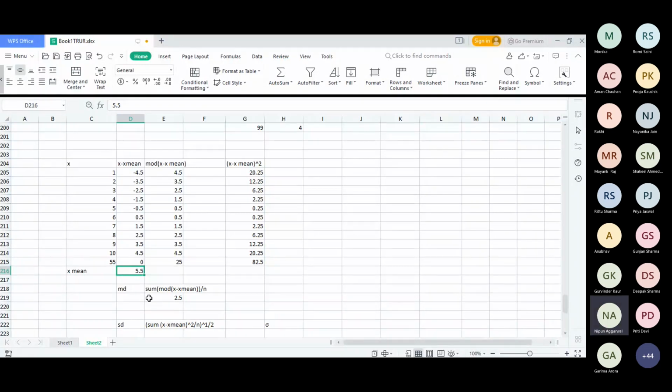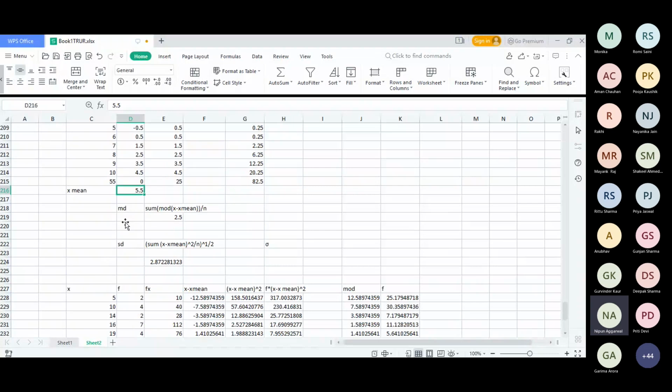Here the mean and median come out to be the same, 5.5 is also the median. But in case we want to calculate with the median, we first calculate the median, not the mean, and that value is x bar. Now you subtract x minus x bar in that way. So the only difference comes in the calculation of the median, and then the further process remains the same.